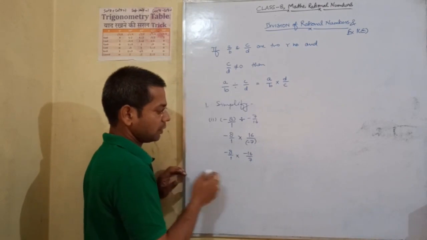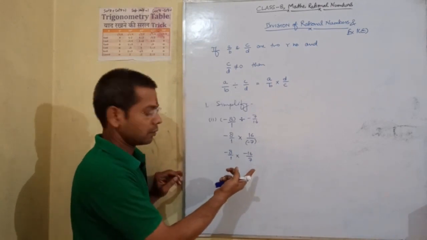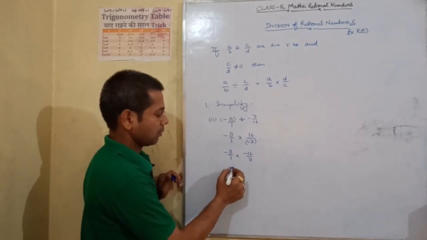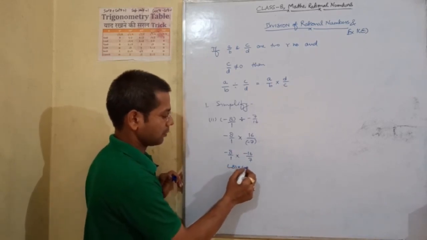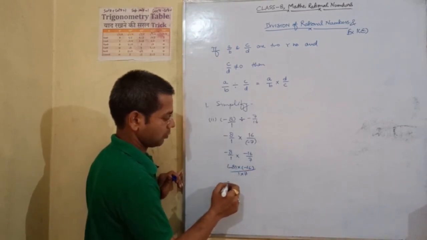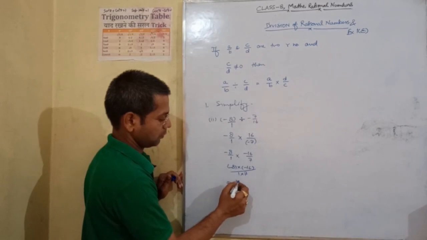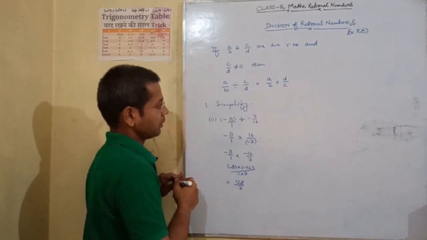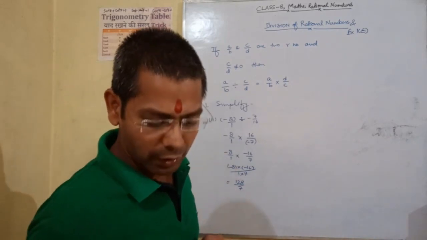We write minus 8 upon 1 multiplied by minus 16 upon 7. Numerator multiplies with numerator and denominator with denominator: minus 8 multiplied by minus 16 upon 1 into 7 is equal to 128 upon 7. This is the result.